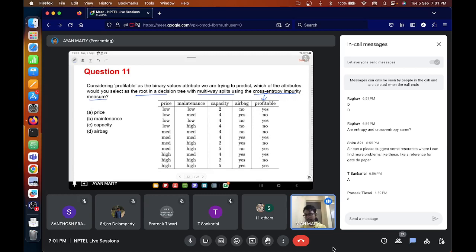So this question might take some time, so you can take your time and write your answer in the chat. And multi-way split has to be used because there are more than two possible categorical values for price and also for maintenance, capacity.